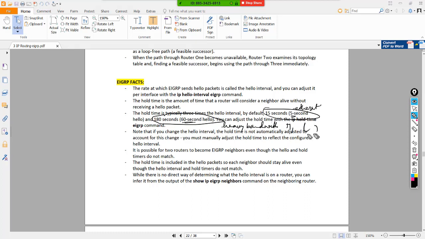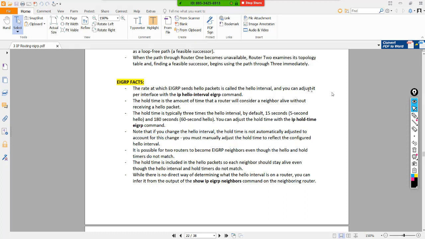In such circuits, you don't want very frequent hello packets, so you would prefer keeping 60 as your hello, and multiplying by 3 gives the hold timer, 180. But in case of Ethernet, fast Ethernet, giga Ethernet, it's the default 5 and 15.